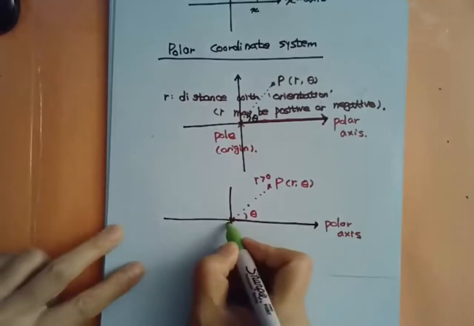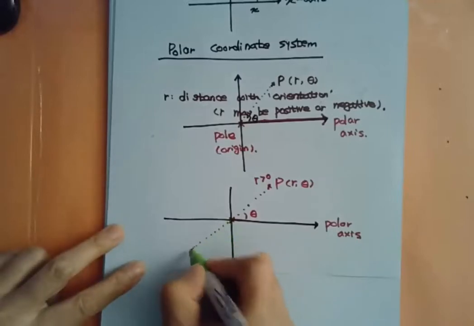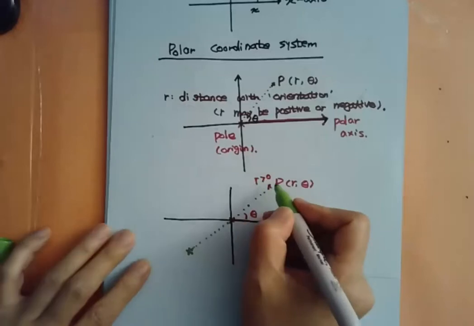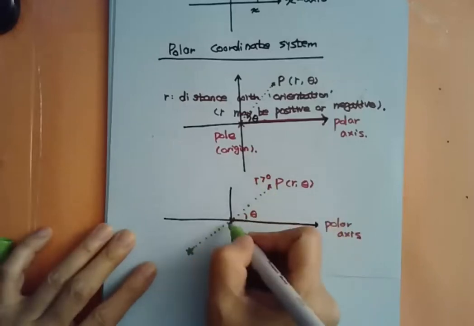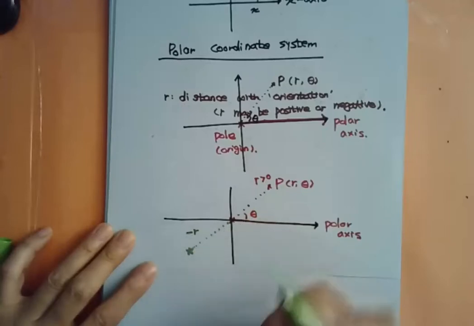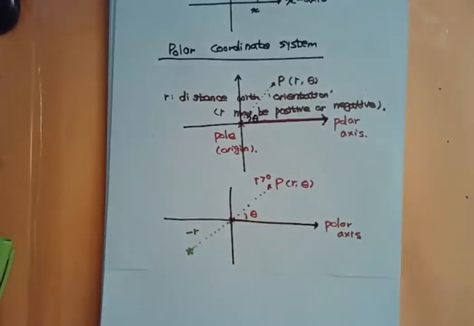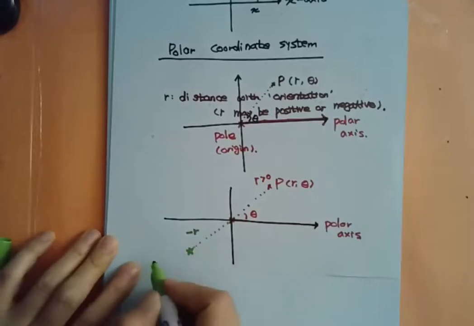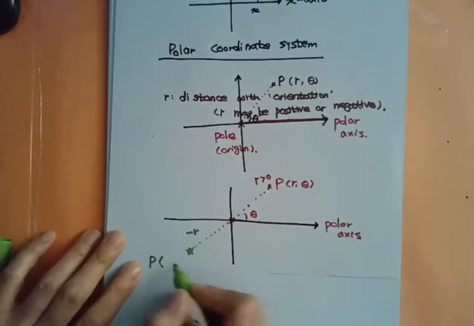But we can think about the point which is located in the opposite direction. So this is r greater than 0. And when we go the other direction, we can write minus r. When we plot this point, the way we can describe that point will be minus r and theta.